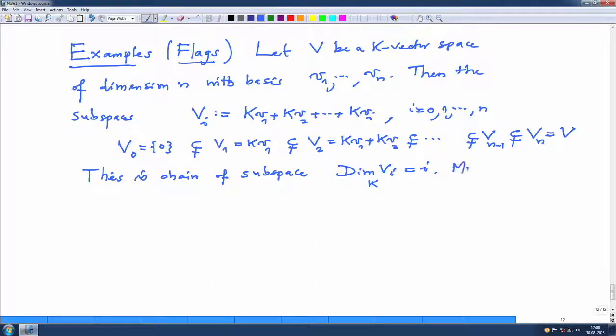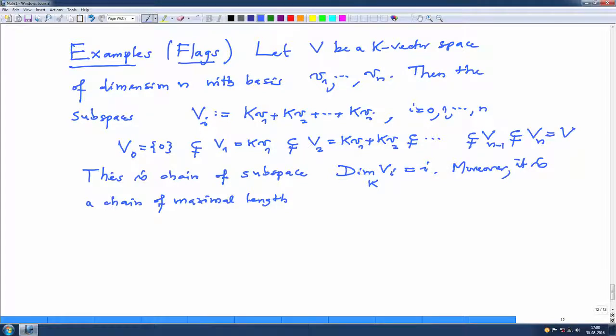Moreover, it is a chain of maximal length. This is a chain of length n, and we cannot insert anywhere any other subspace so that it becomes longer than n. Just because if you insert, then what will be the dimension of the inserted subspace?